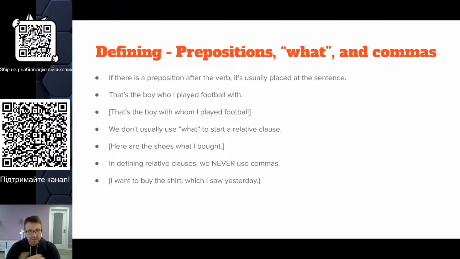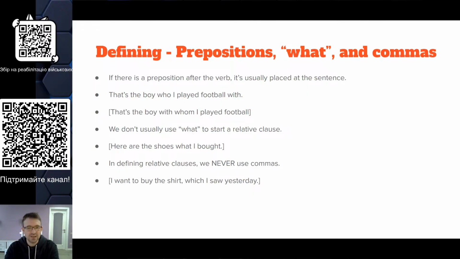Now, moving forward to another typical mistake: using the word what. We don't usually use what to start a relative clause. There are some very specific situations when you can, but they're a bit beyond our scope for today because they're quite precise.